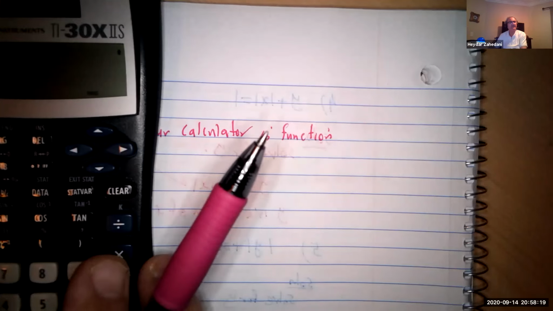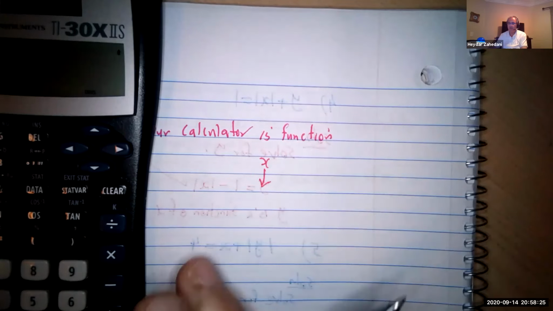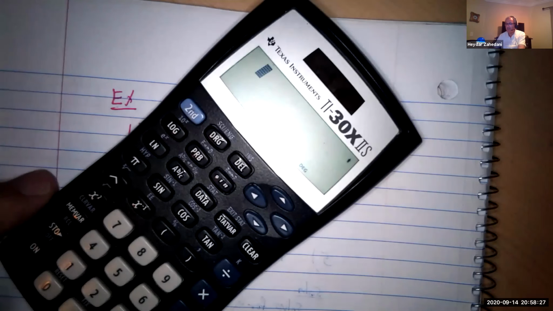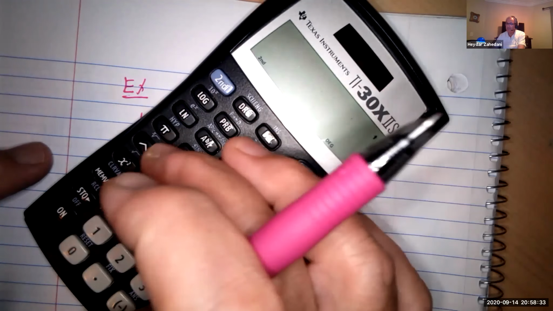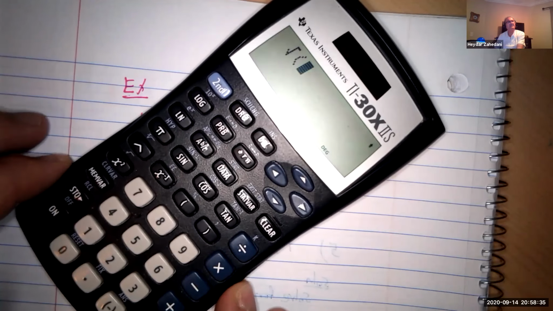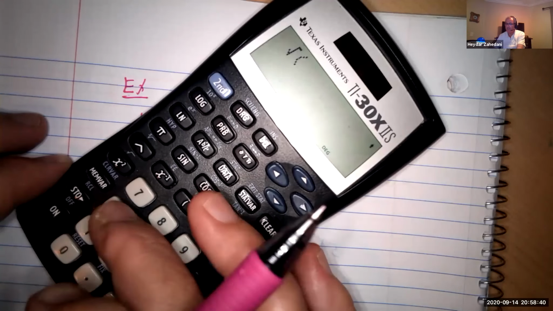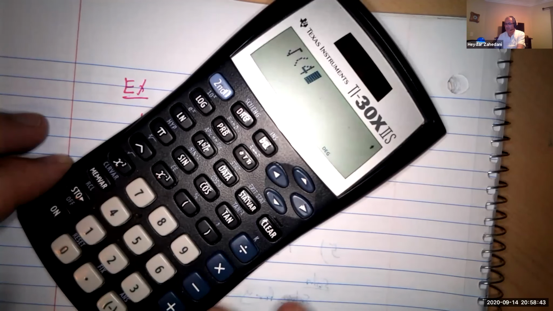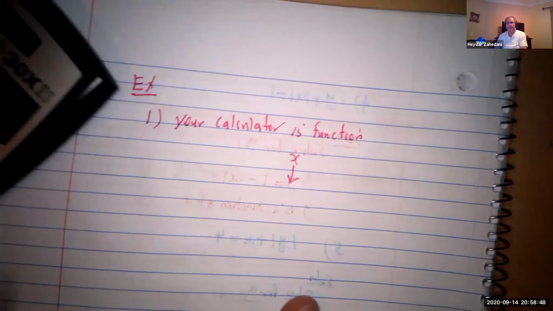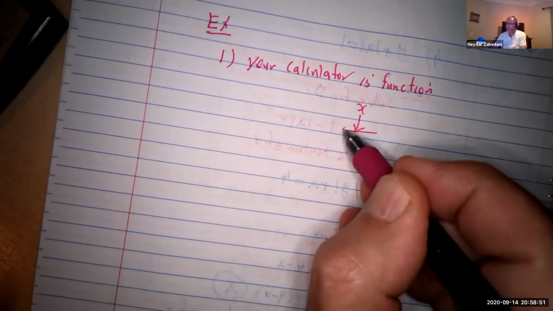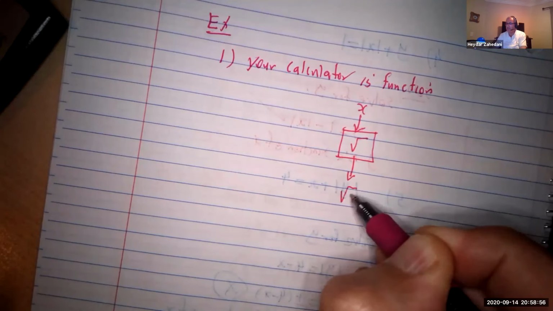For example, if you put the x in your calculator and click on the square root, if you put the 4 and then you click, that gives you 2. So if I put x, this is the square root function. So the result would be radical x.